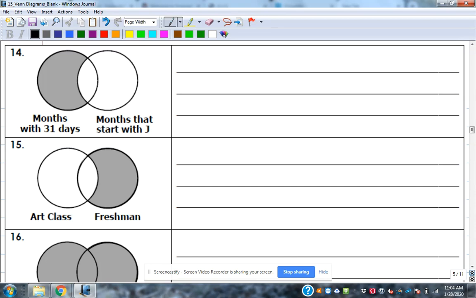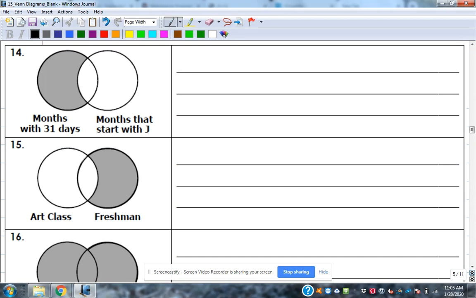I was wondering if anybody knew the numbers. 7 months. Which 7? January has 31 days. March has 31 days. May has 31 days. July and August. October and December. So 7 of them have 31 days.